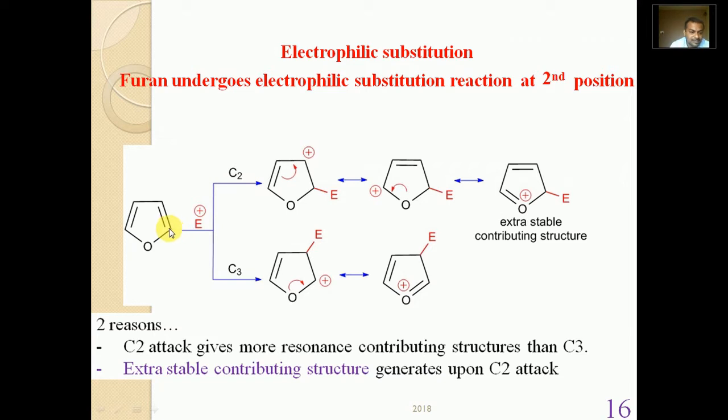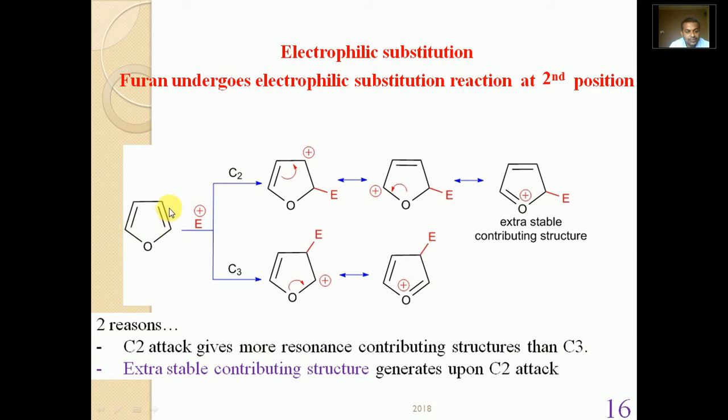Carbon number 2 and 5, the carbons attached to oxygen, are equivalent to each other, and carbon number 3 and 4, which are not attached to oxygen, are equivalent. Means there are 2 different kinds of carbon, carbon number 2 and carbon number 3.